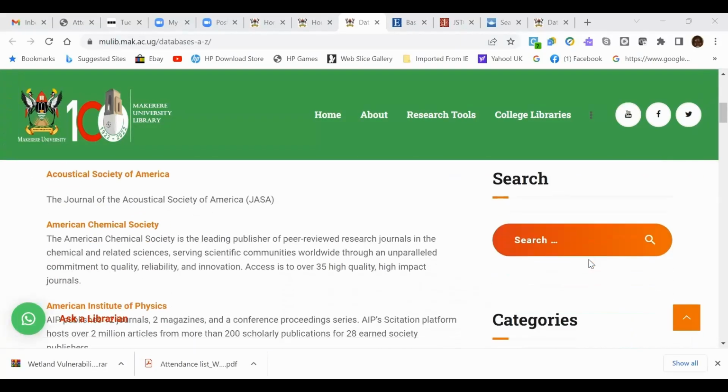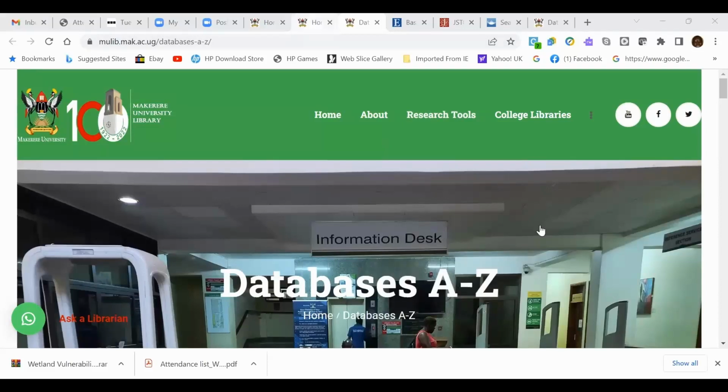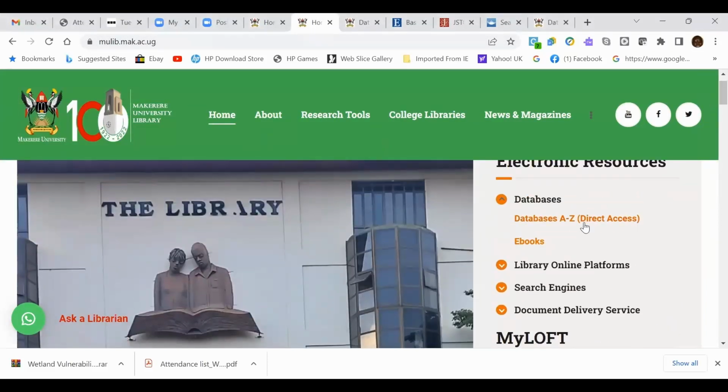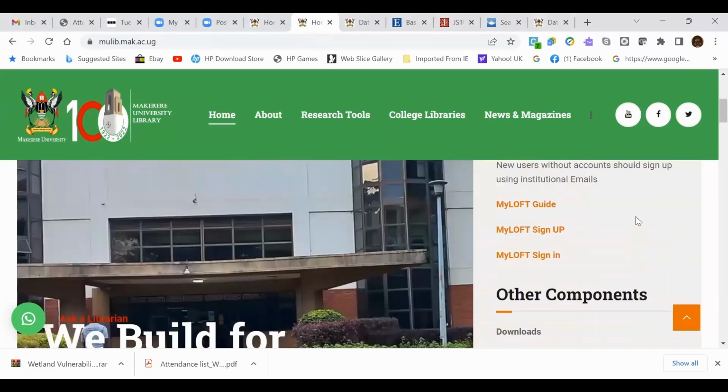Previously, there was an icon for direct access and remote access. And in remote access, that's where your email would have to come into play. But now I think you use MyLoft to access it remotely.